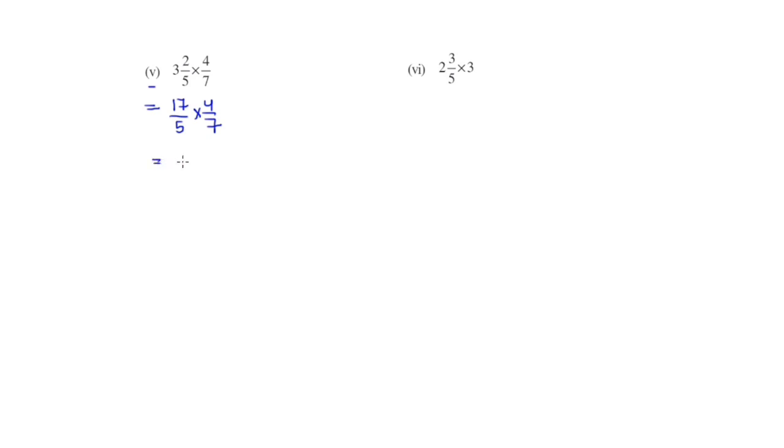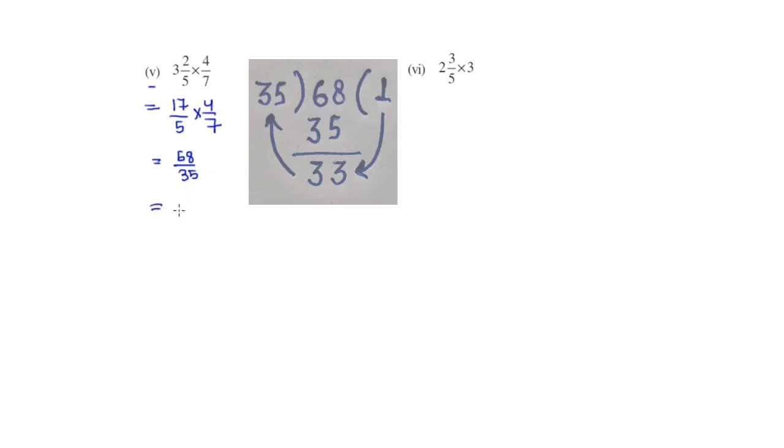Now you will check whether we can reduce the cross part or not. If not, then multiply the numerators. Numerator 17 times 4 gives you 68 and 5 times 7 will give you 35. Clear? 68 over 35 is an improper fraction. If you divide 68 by 35, what will you get?